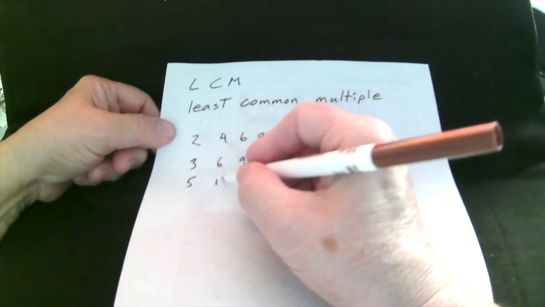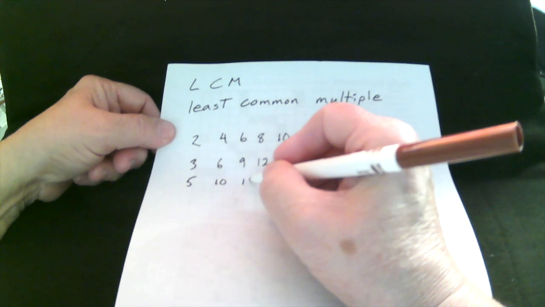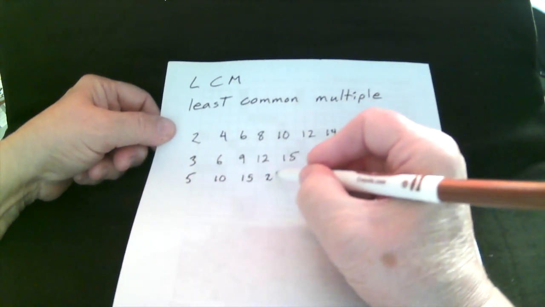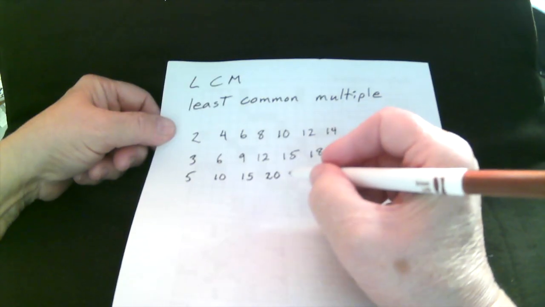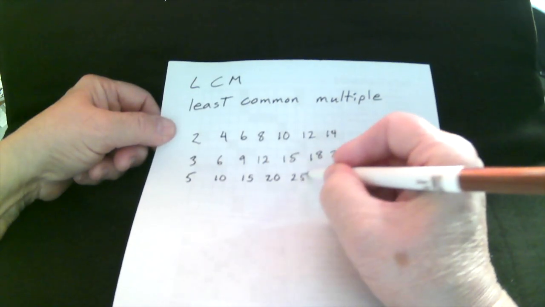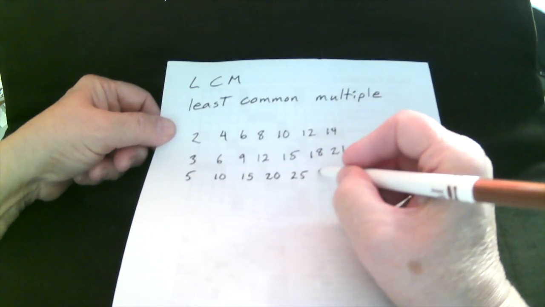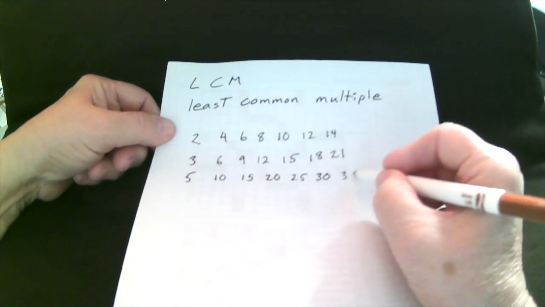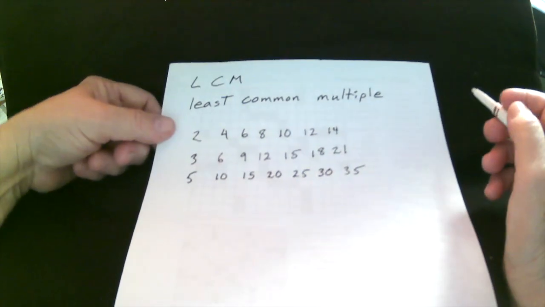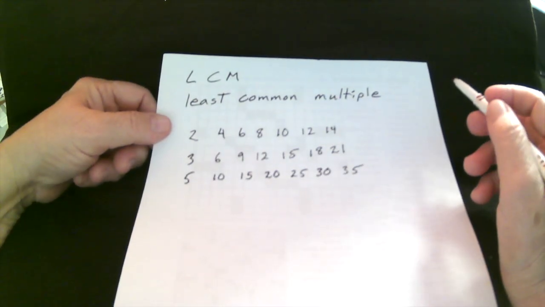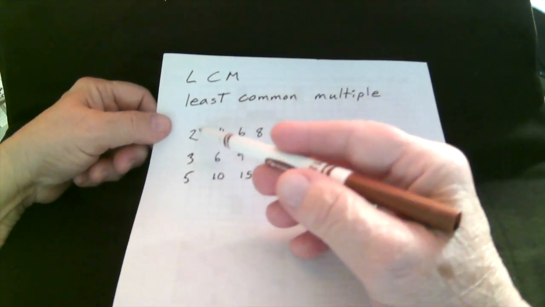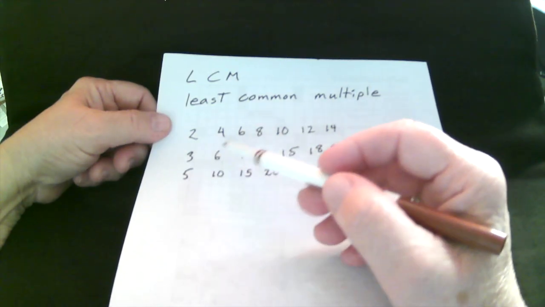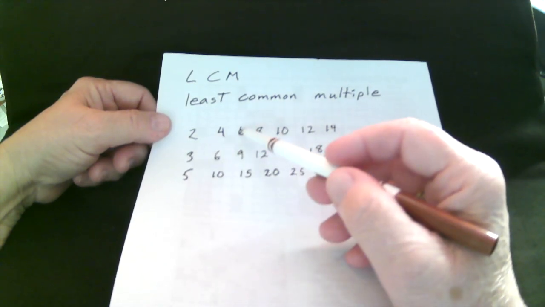5, 10, 15, 20, 25, 30, 35. So if we look at these numbers, between 2 and 3, 6 is the smallest or least common multiple.